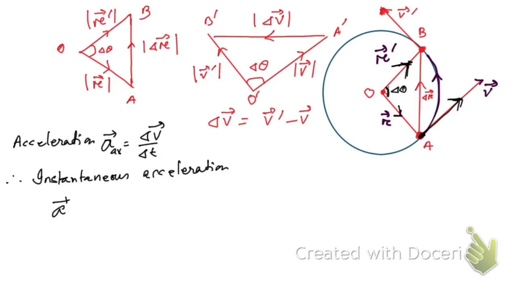The instantaneous acceleration is given by a vector equal to the limit as del t tends to 0 of del v by del t, when the time interval is very small. So hope you have understood this.